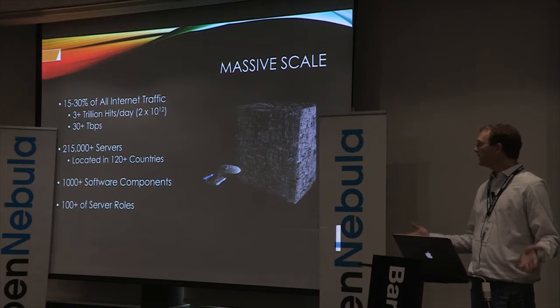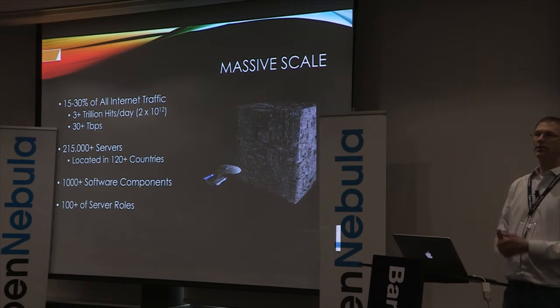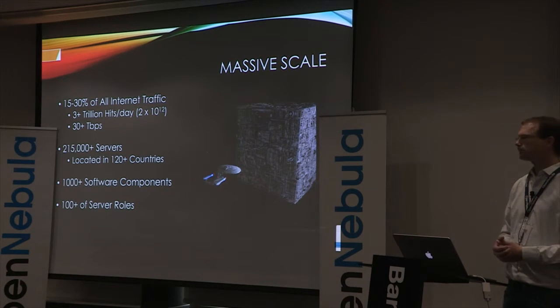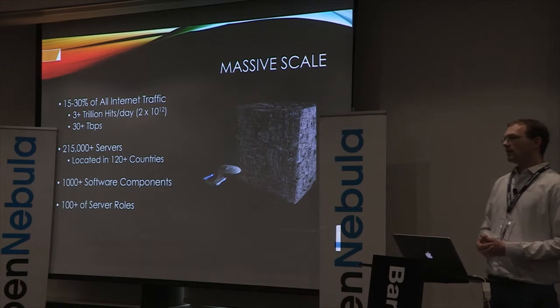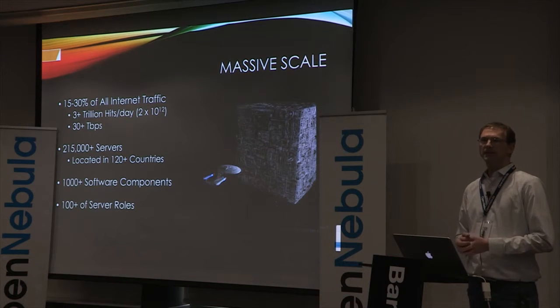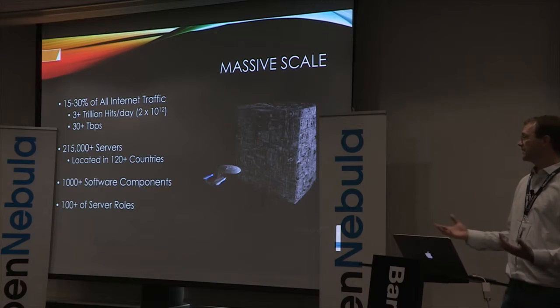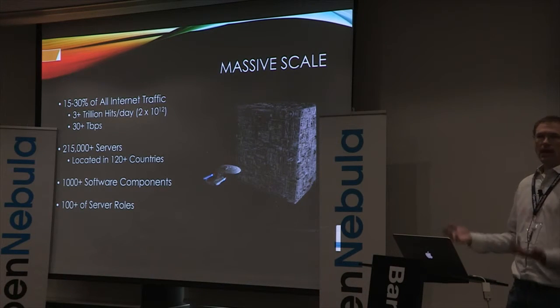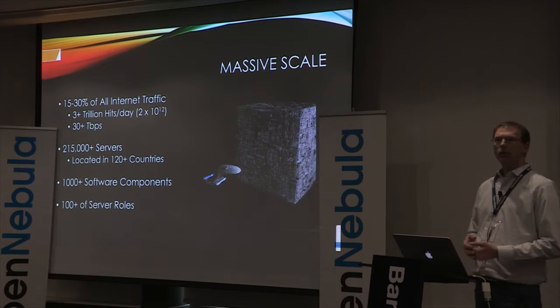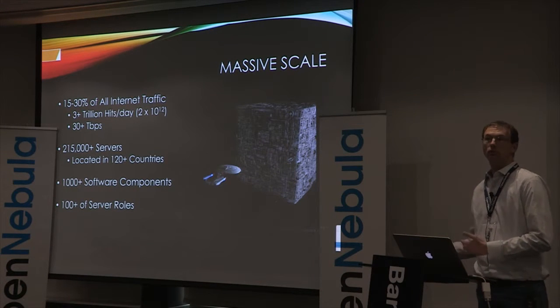So really, really massive scale. We have these servers located in 120 countries. And our system is very complex and very integrated. It's a highly complex distributed system consisting of over 1,000 software components and over 100 unique server roles.